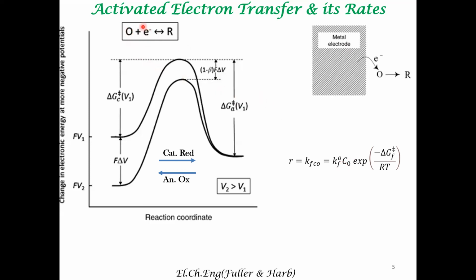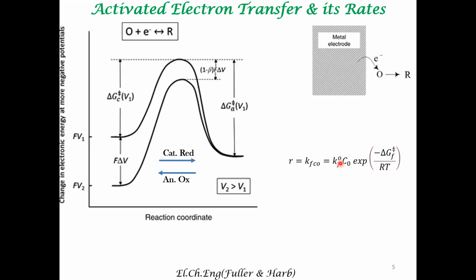In a way, the activity of electrons is convoluted into this term. We had elaborated on this term in the previous lecture, again on the Butler-Volmer equation. Go back to that lecture and interpret this quantity.